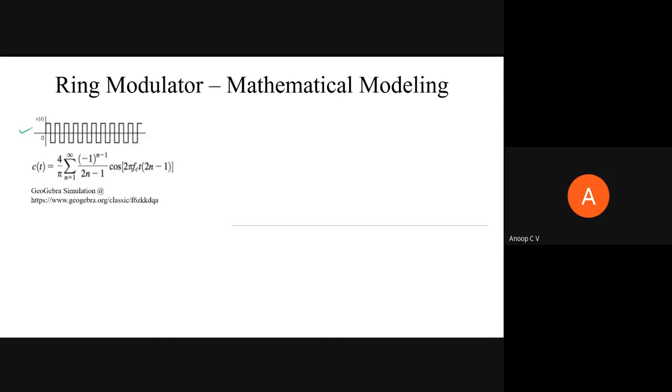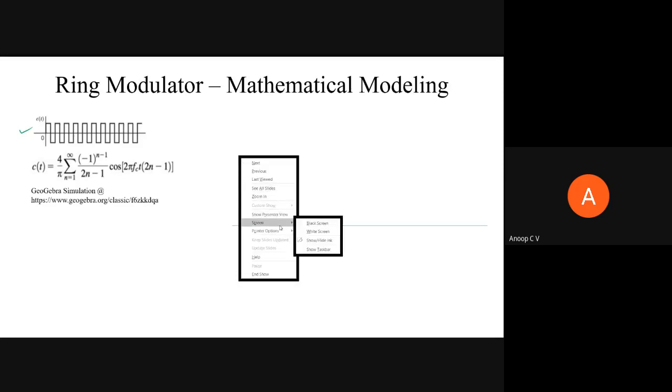Does anyone remember what the Fourier series representation of, say, a positive pulse train was?